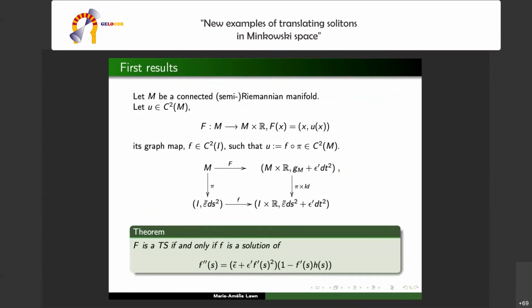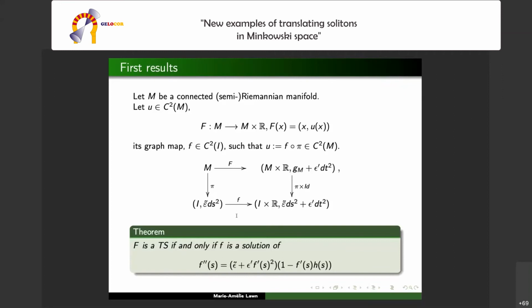And then our first result says that F is a translating soliton upstairs if and only if this function f is a solution of a particular ODE. Note that I haven't said that f is a translating soliton downstairs, because this is only the case if the submersion is minimal.